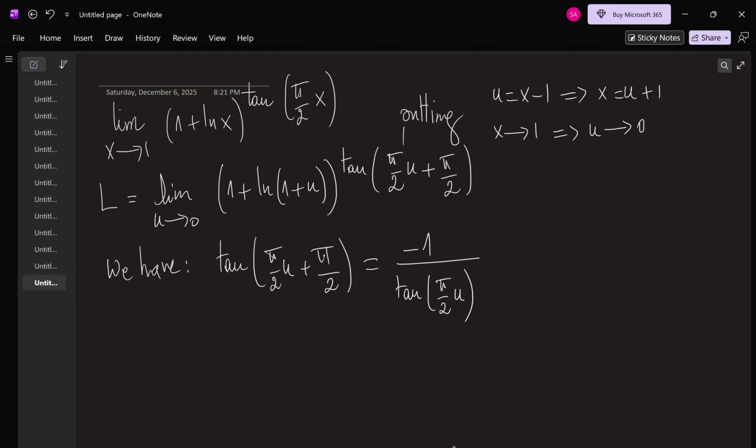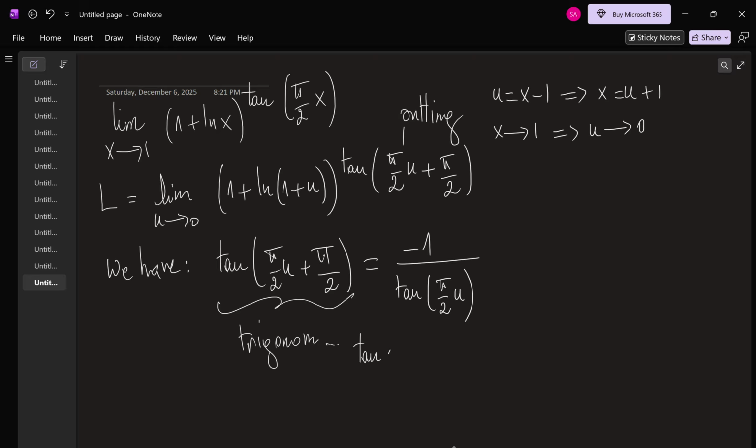We know this. This is a known formula. You could check it in Wikipedia or any textbook that talks about trigonometric functions.